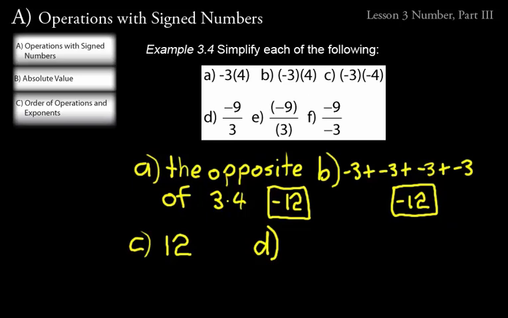So we just think, well, 9 over 3, that's equal to 3. It's going to be the opposite of that, though. It's minus 3. And then E, again, we have unlike signs there, so that will also be minus 3. And then F, we have like signs, so the answer should be positive. That would be a positive 3 or just a 3.